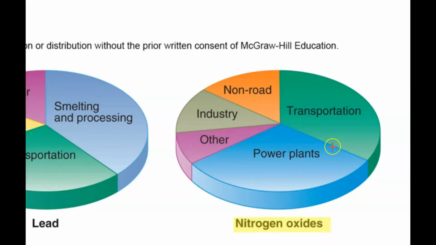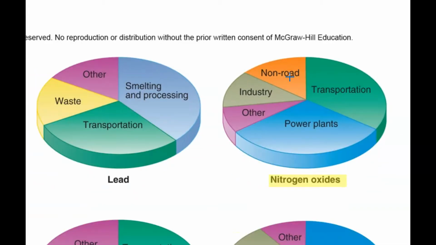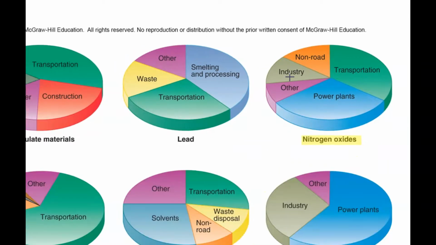And not only transportation in form of private cars, but also commercial transportation can contribute to nitrogen oxide pollution, such as airliners and commercial trucking, etc. So now we know where nitrogen oxides come from.